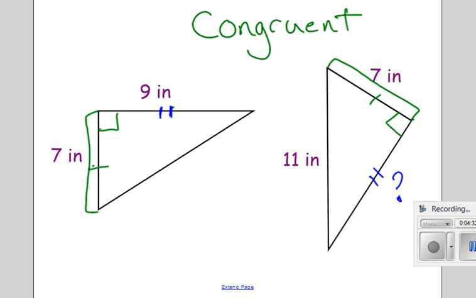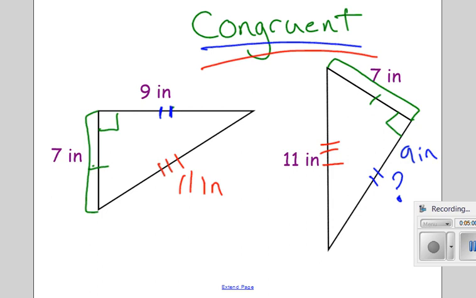We've discovered that this side must be 9 inches also because they're congruent. Back to that word, congruent. Which would also mean that our third side must be congruent with this side. And so we have two triangles that are 9 inches by 7 inches by 11 inches. And we can do that because they are corresponding parts and they are, once again, congruent.